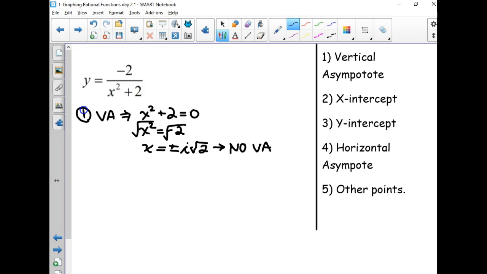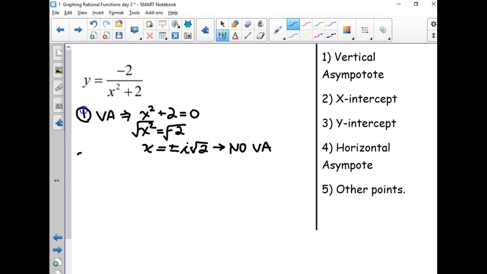There's no vertical asymptote, so all x values will work is what it's saying. We can plug in any x value we want into this x squared because what the vertical asymptote is telling us is we can't have an x value there. Does that make sense? Okay.